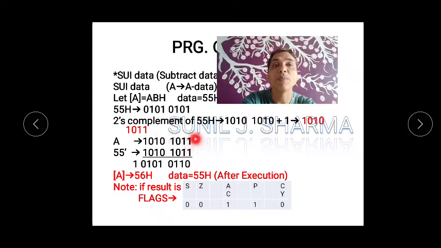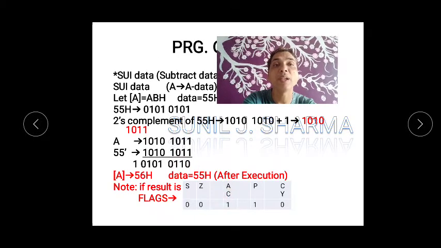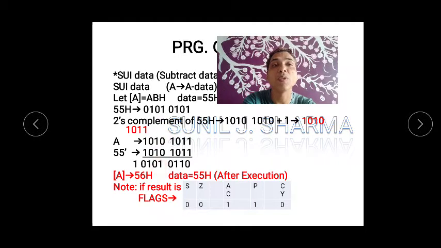Now you have to add up. So this is A, this is B. Now when you add up, 1 plus 1 is 0, carry 1, but since there are 2 ones and 1 is carry, this 1 you have to write here in the units place, and 1 will be carry. So here, now can you see the auxiliary carry flag is set. This is 1, 1 plus 1 is 0, carry 1.